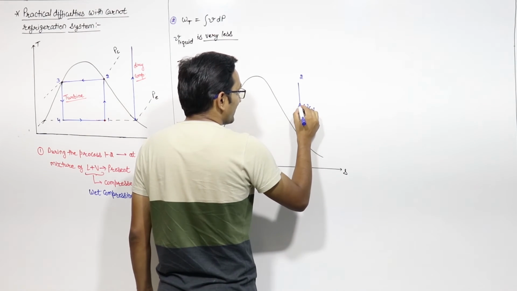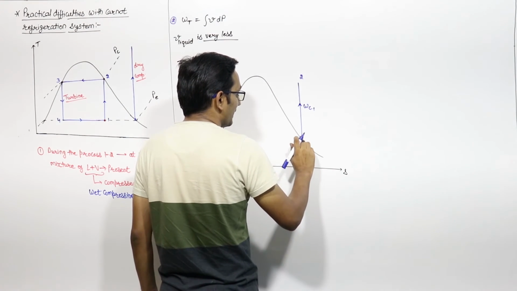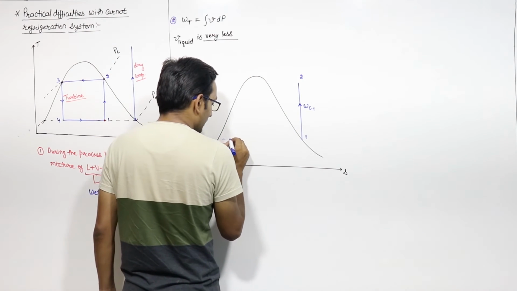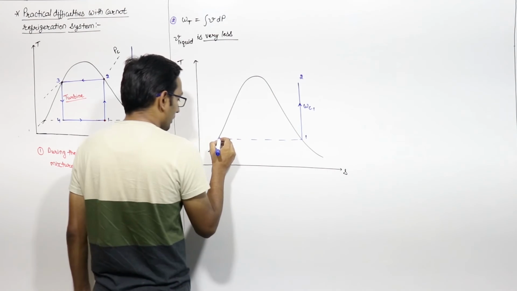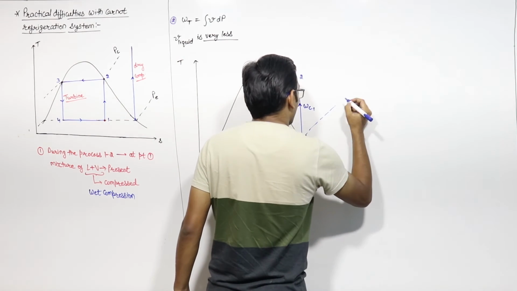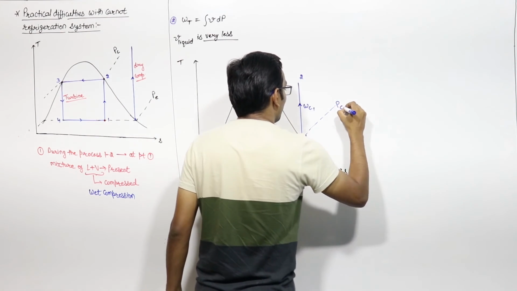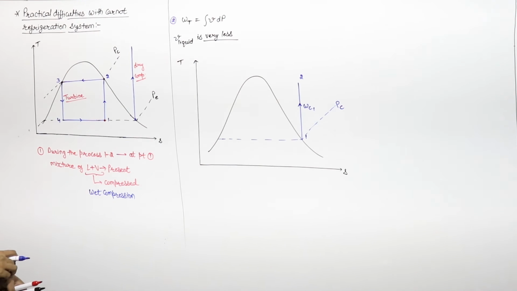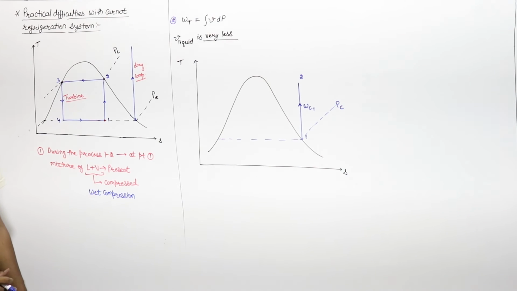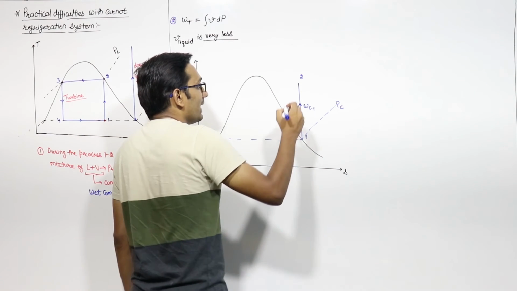This is reversible adiabatic compression from 1 to 2. Let us say this pressure is PC, right? So we will compress this refrigerant from point 1 to 2 up to some pressure.